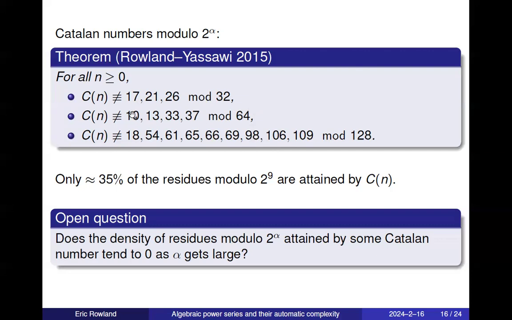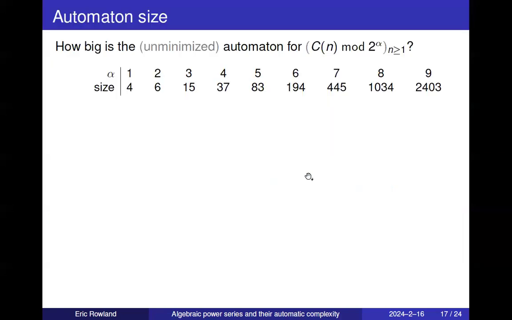Like no Catalan number is congruent to 17 or 17 plus 32. So these are just the new ones that appear. It looks like all the other ones appear, but a lot of the others are knocked out by smaller forbidden residues also.